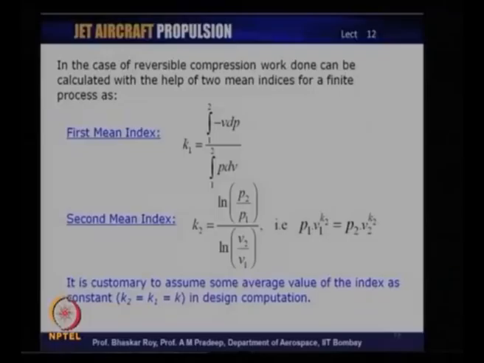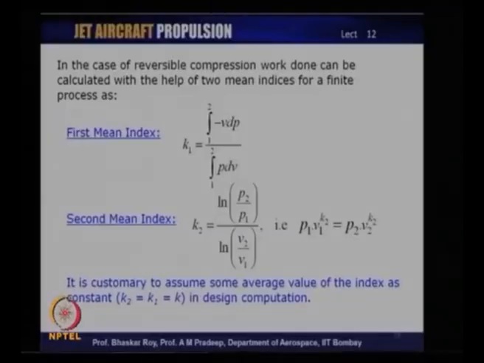The first one is often called thermodynamically the first mean index k1, and that is something which we have defined before, and that is integral 1 to 2 minus V dp divided by integral 1 to 2 p dv of the finite compression process.